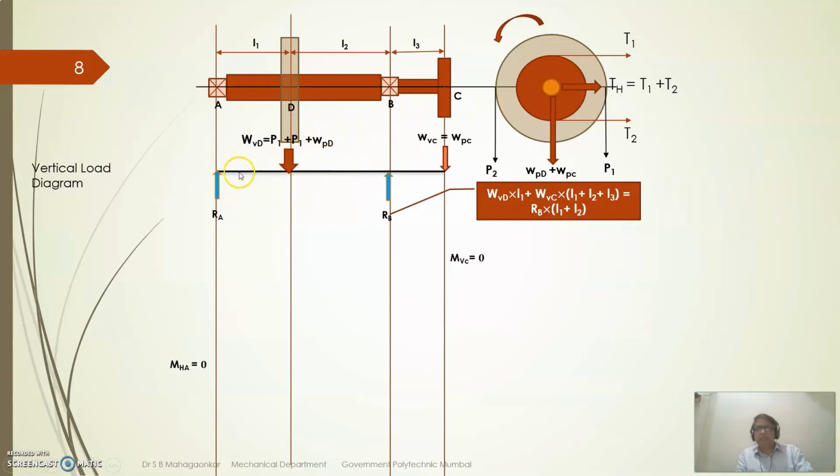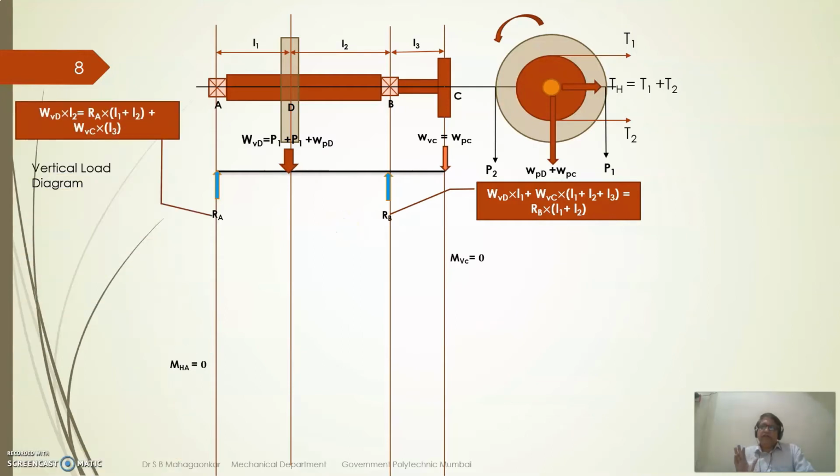WVD into the distance L1, plus WVC into the distance L1 plus L2 plus L3, is equal to the anti-clockwise moment, RB into L1 plus L2. So this is the way we find RB. Is it clear?